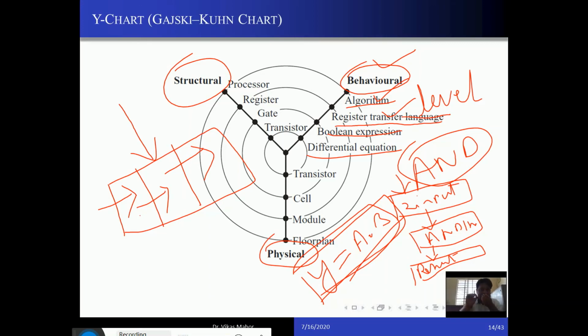CMOS logic is in the syllabus, and I'll explain everything about it, but let us understand how you design y equals a dot b using transistors. You will take one NMOS and one PMOS.